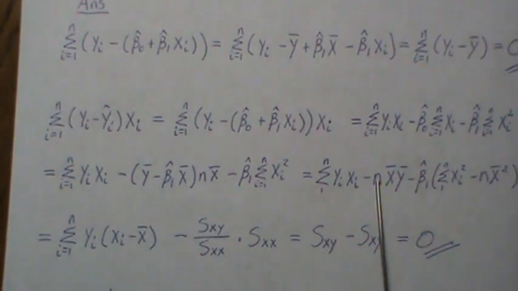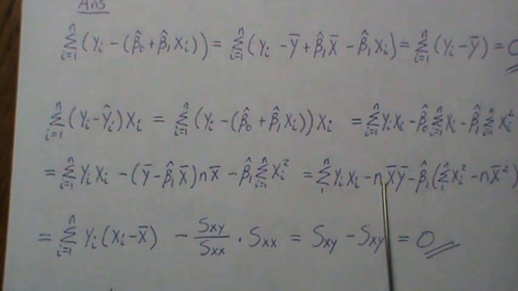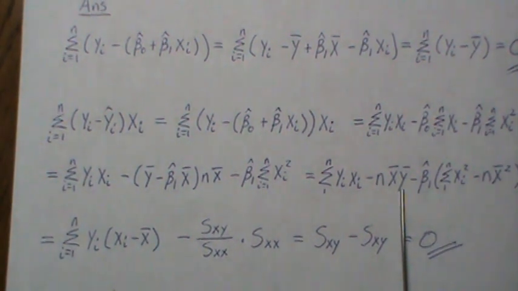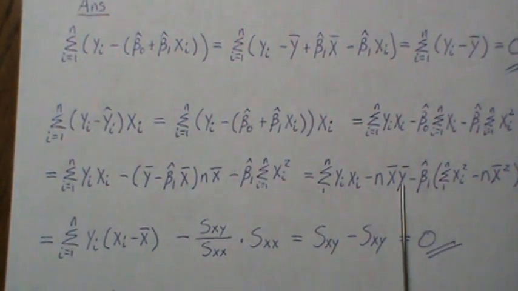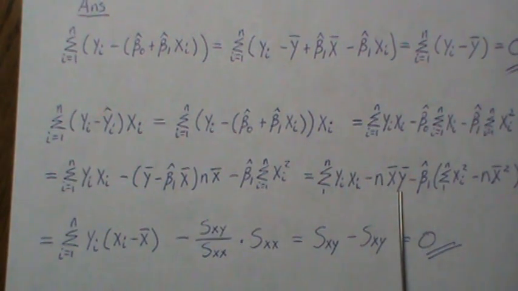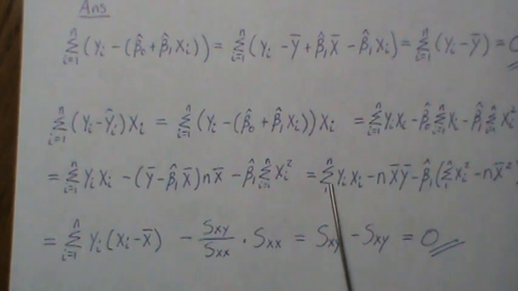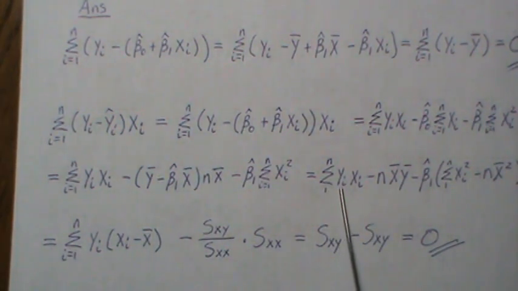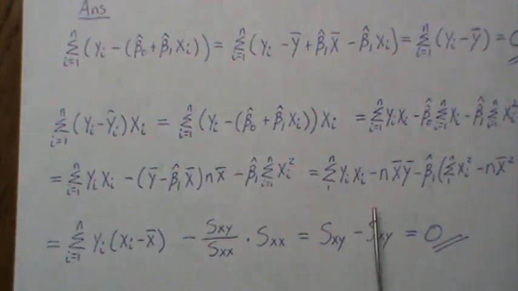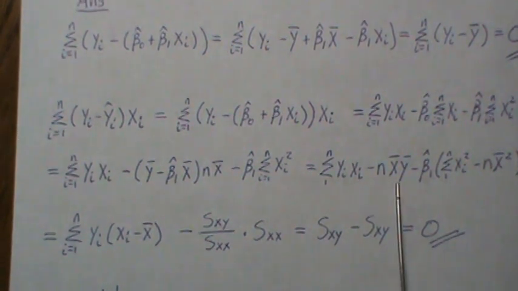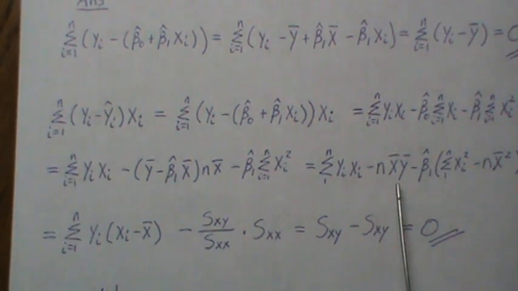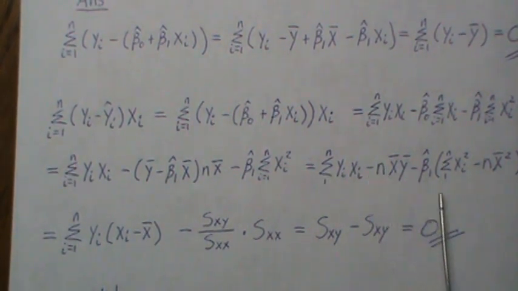So if we let one of the n's, this n cancel with the sum of the yi over n, so that n cancels this n, then we get another sum from one to n of the xi's. So we can combine that sum and then factor out a yi, right? And that is this, and the x bar stays this. So this piece is this piece right here.